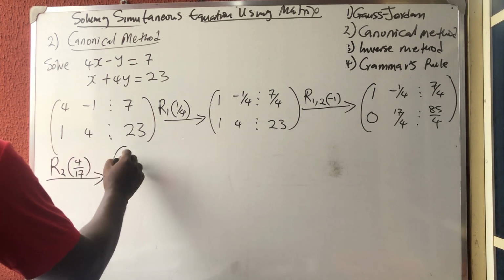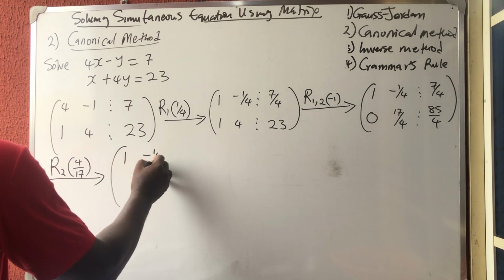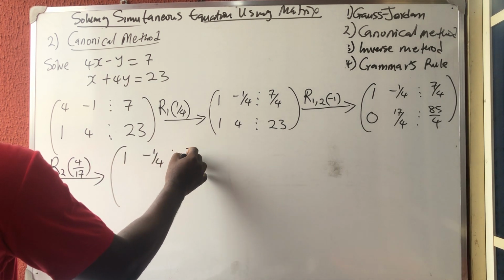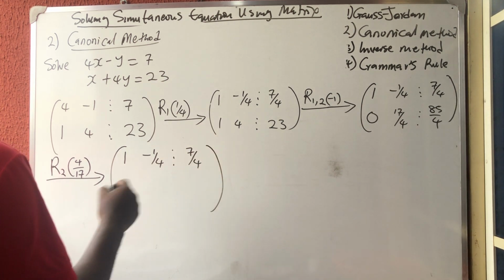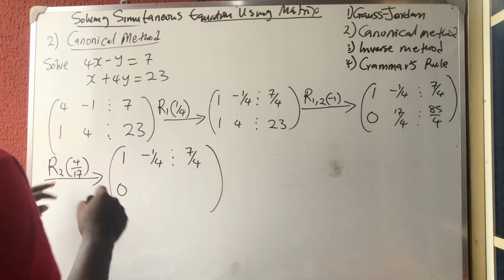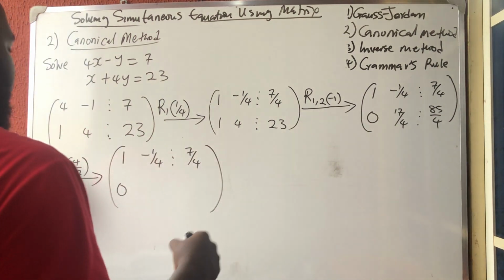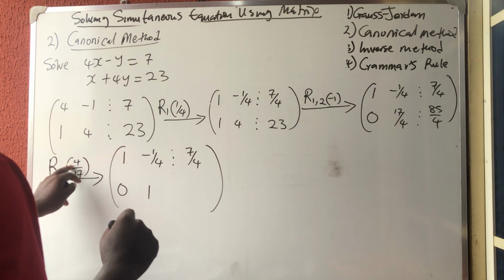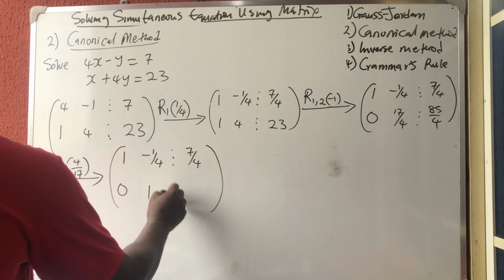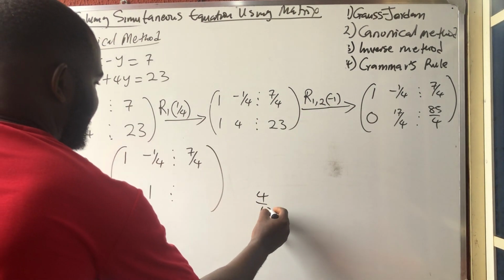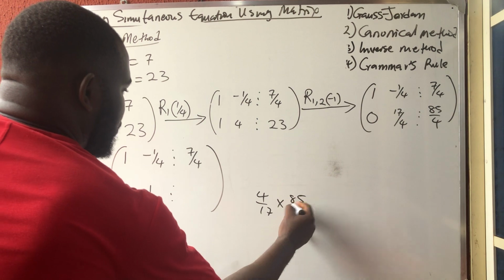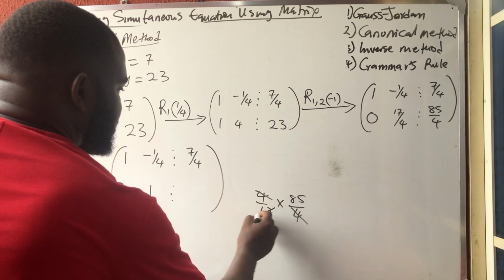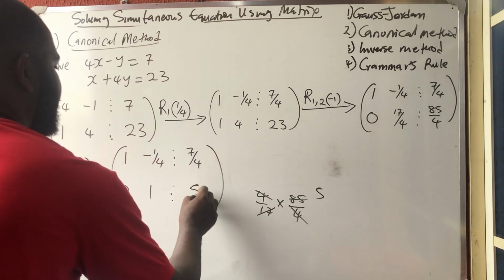Row 1 remains the way they are: 1, -1 over 4, dot dot dot, 7 over 4. Here remains 0. Anything times its inverse is 1. This time this will give you 5. Look at what I did: 4 over 17 times 85 over 4. 4 cancels 4, and 17 into this is 5. So I'm having 5 here.